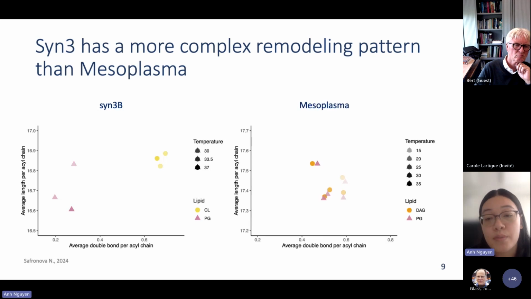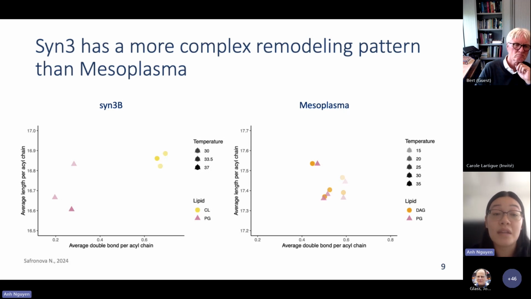But for Mesoplasma, if you look at the lipids that they produce themselves, which are PG and DAC, you can see that from transparent to more opaque, so with increasing temperature, the patterns for acyl chain double bond and length actually match quite well between the two different lipid classes, which means they do not have head group specific remodeling.